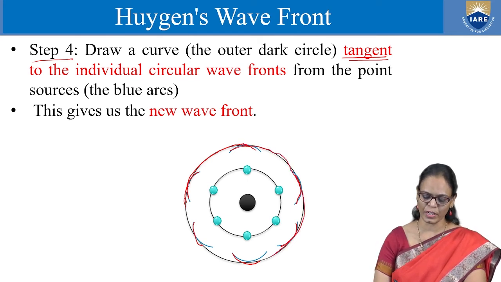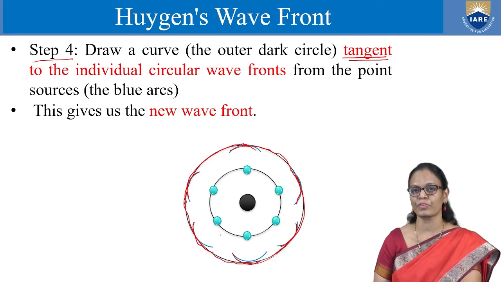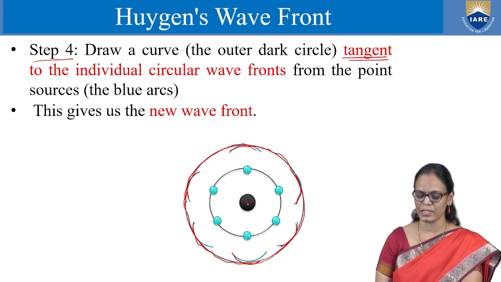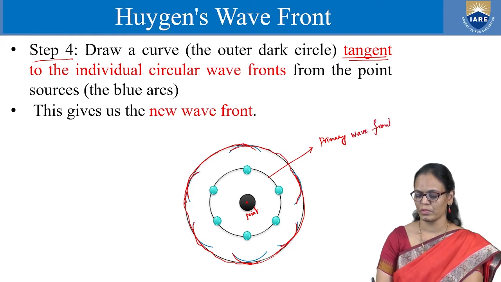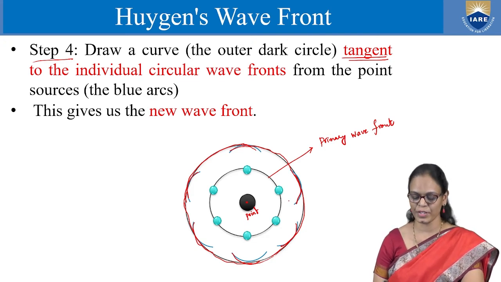So when we are joining all these with the help of a tangent, you get the new wavefront. So what we see here is this is the point of disturbance. This is the primary wavefront. So we are talking about the construction of a wavefront.